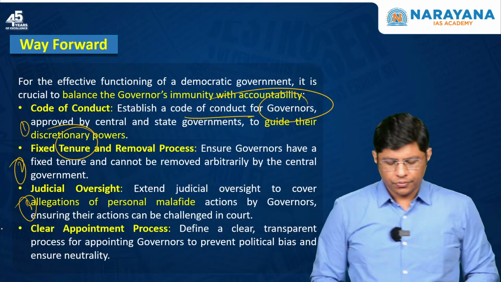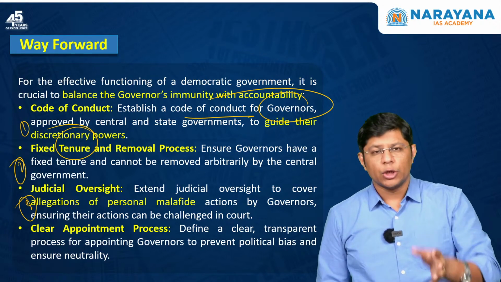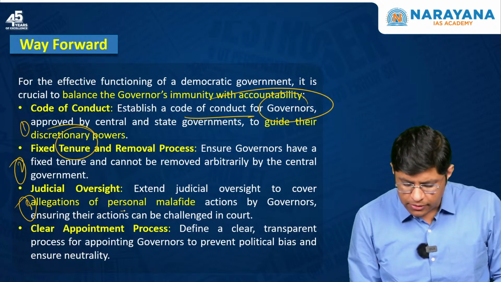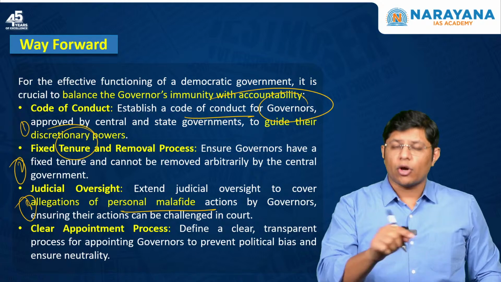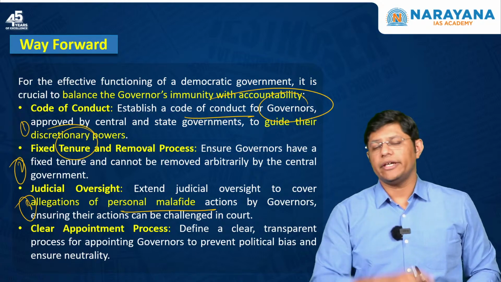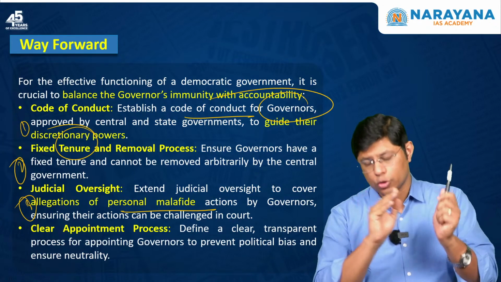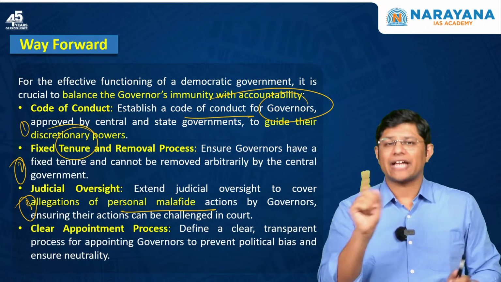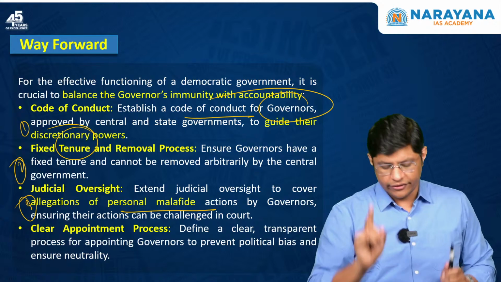Third, there should be judicial supervision or oversight to cover allegations of personal malafide actions by the governors. So, if a governor or a president is involved in any personal misconduct, then yes, there should be judicial scrutiny, and there should be a scope or provision through which appropriate action can be taken against that president or governor.